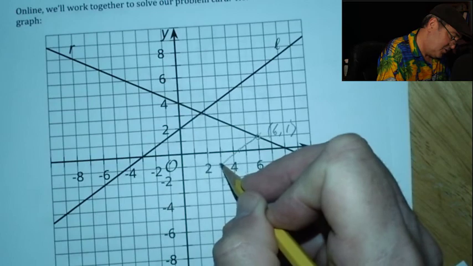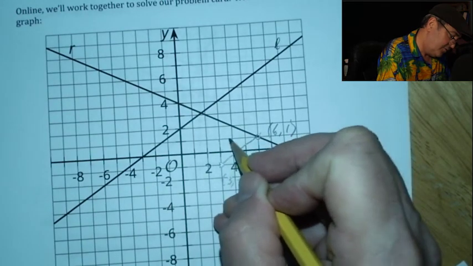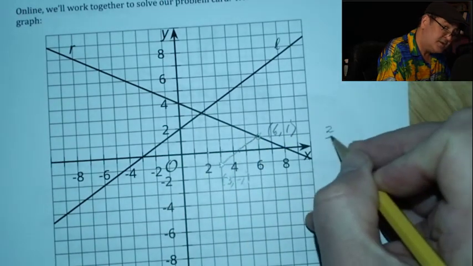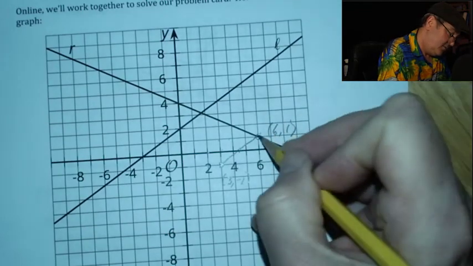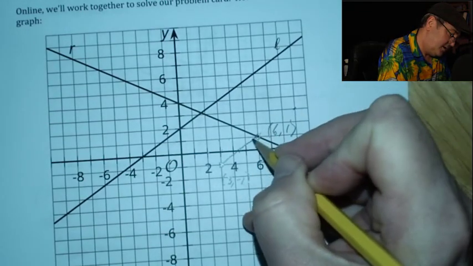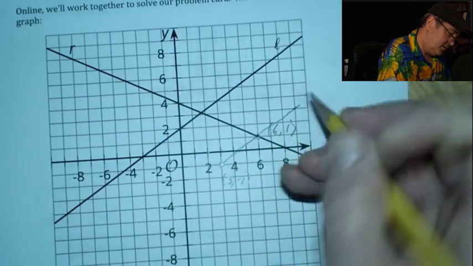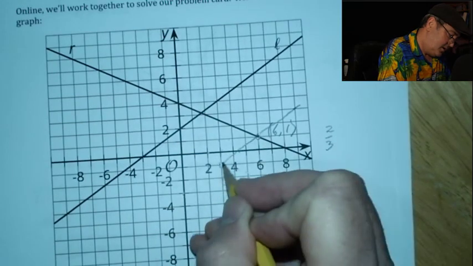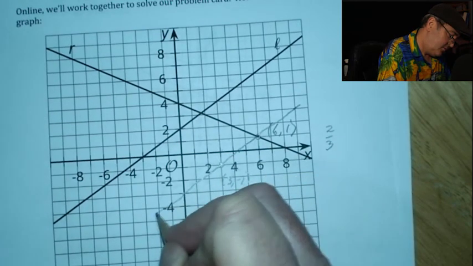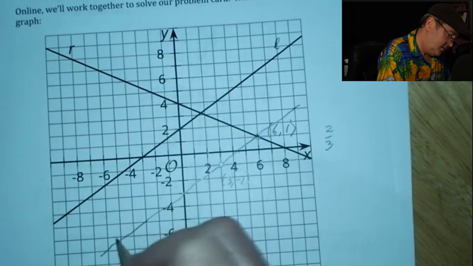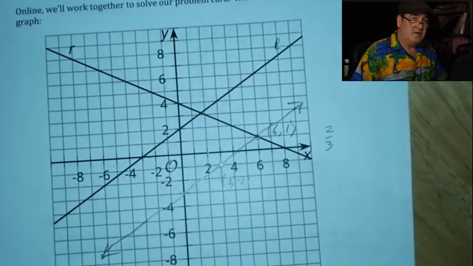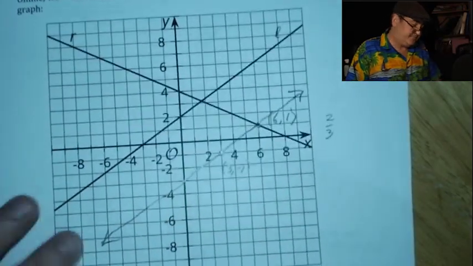And it looks like our slope is 1, 2 over 1, 2, 3. Our slope is 2/3. All right, so it's going to go up 2 and over 3. Our line would continue 2 and 3, 2 and 3. All right, so there is our line. We can graph our line.